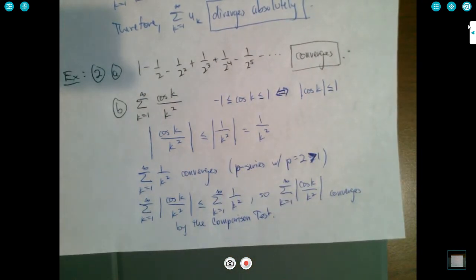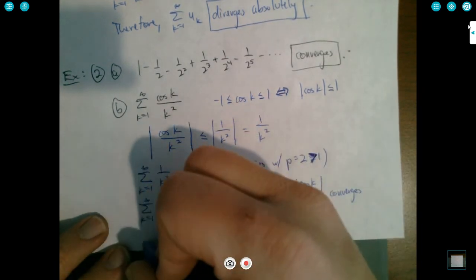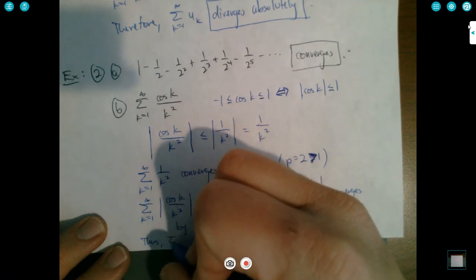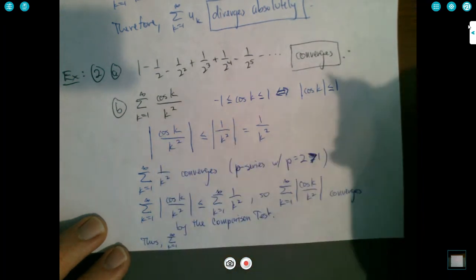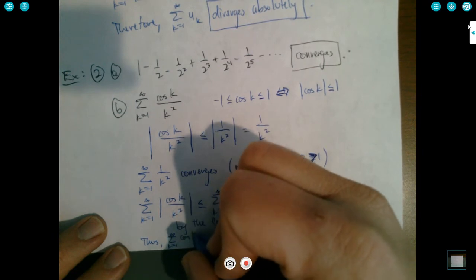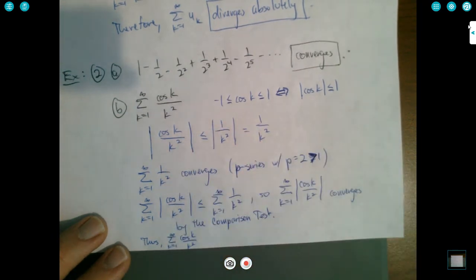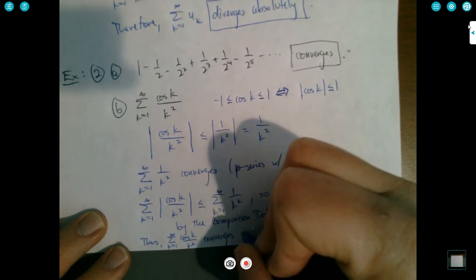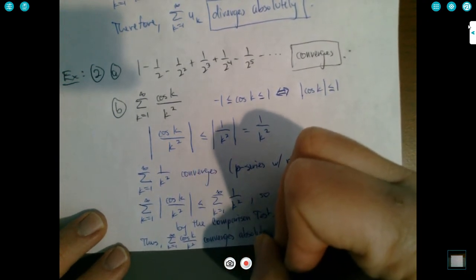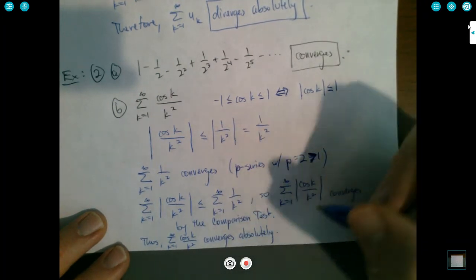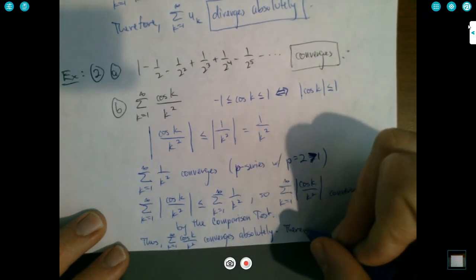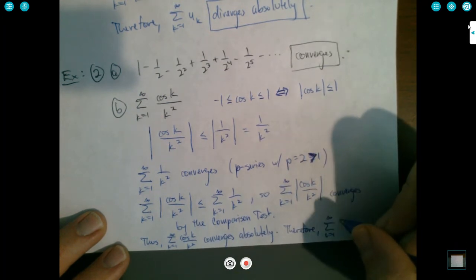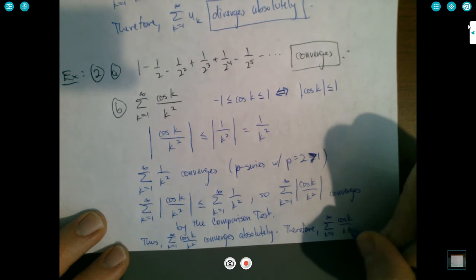Okay? Thus, I'm going to try to squeeze this in here. Thus, the sum from k equals 1 to infinity of cosine k over k squared, without the absolute values, converges absolutely, and therefore the sum from k equals 1 to infinity of cosine k over k squared converges.